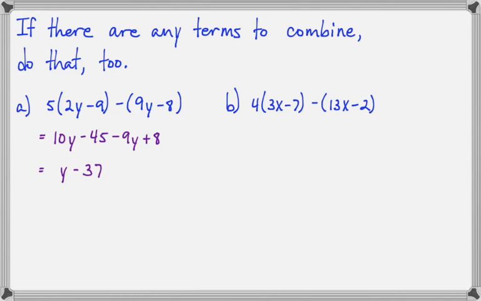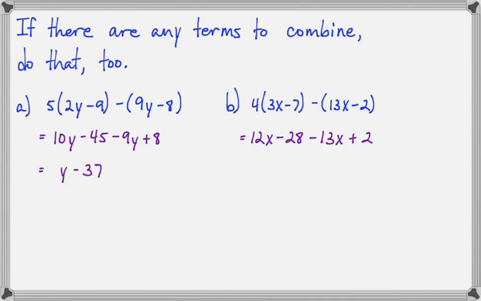Here's one more. I'm going to distribute 4 times 3x minus 7. So that will give us 12x minus 28. And then we'll distribute the minus here, and that will give us minus 13x and plus 2. So now take a look at our terms. For x's, we have 12x and minus 13x.